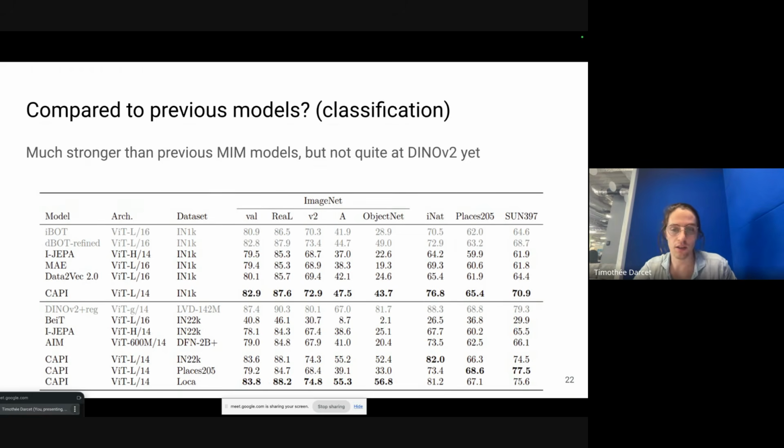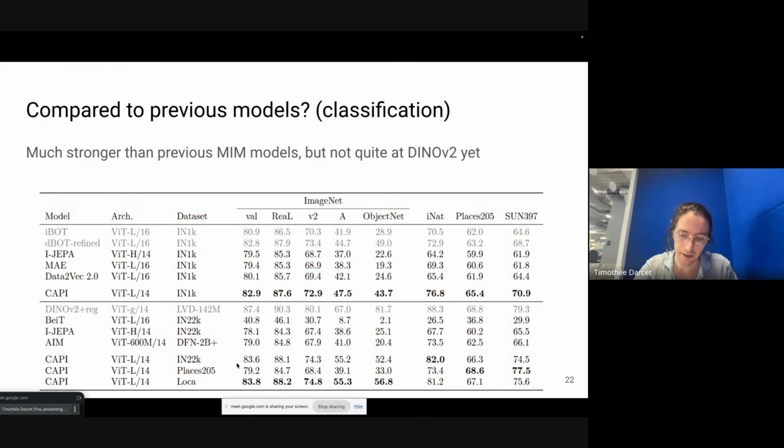We can see in the next table that, first, it's good for Places classification, unsurprisingly. All in all, it works well, much better than the others, especially on large datasets. We get a huge boost, whereas other methods did not really get much boost. Like I-JEPA on ImageNet 22K was not better than I-JEPA on ImageNet 1K with a smaller model.